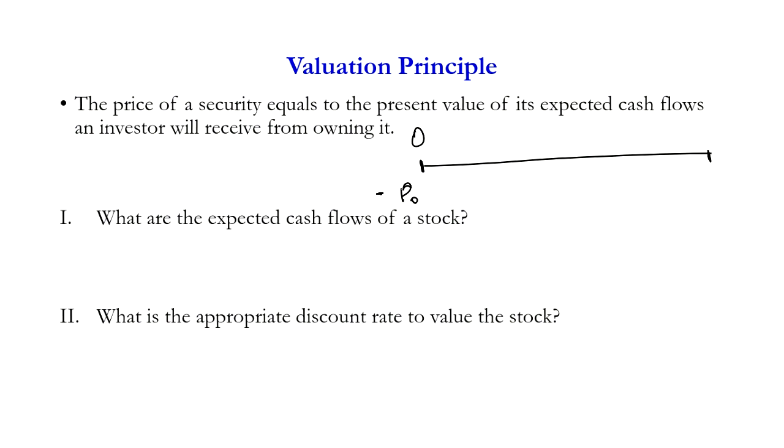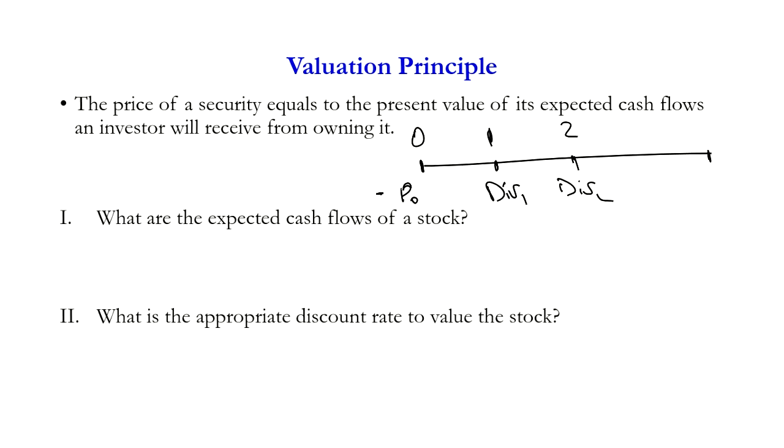Then he is going to receive a dividend payment at the end of year 1 and another dividend payment at the end of year 2, and at the end of year 3 he's going to receive dividend 3 plus, if he's planning to sell his stock at time 3, he is going to receive P3. So P3 is the price immediately after receiving a dividend by the investor at the end of year 3.